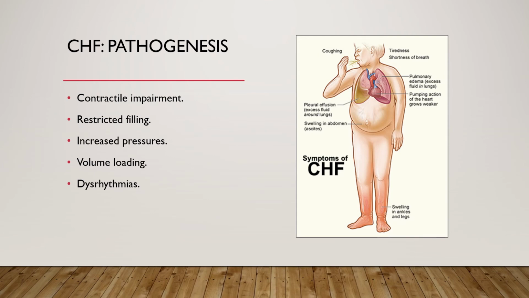Okay, CHF pathogenesis. This picture gives you a good view of your sick CHF patient. It gives you the idea of what you're looking for as far as symptoms go. But for contractile impairment, more than likely it's referencing myocardial infarction, right?